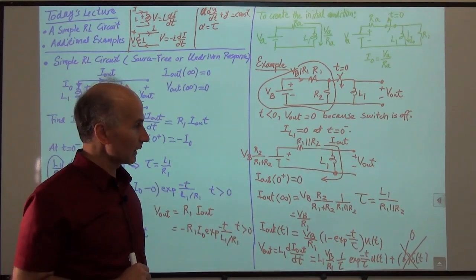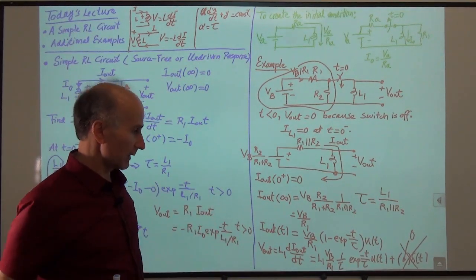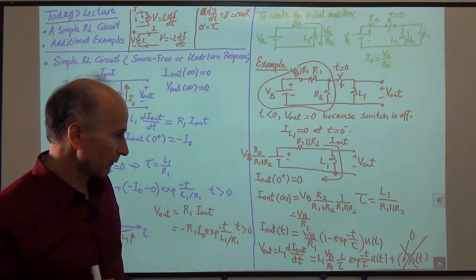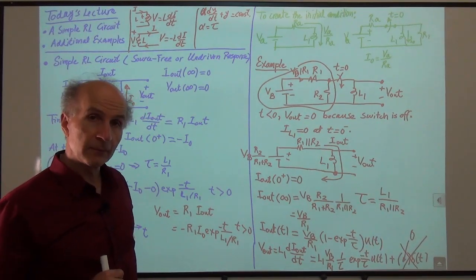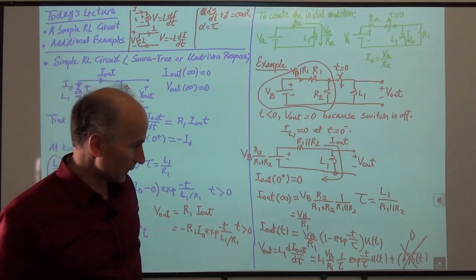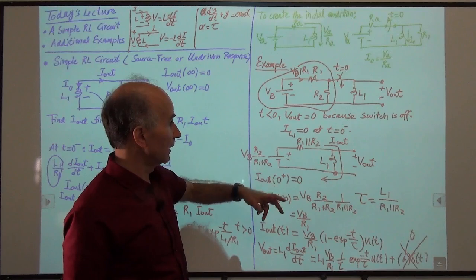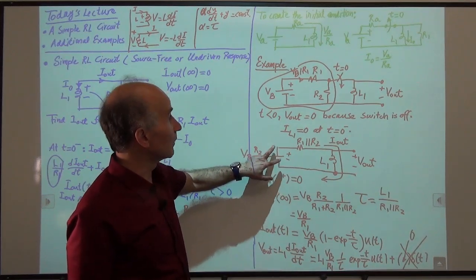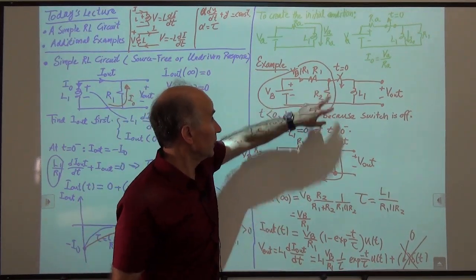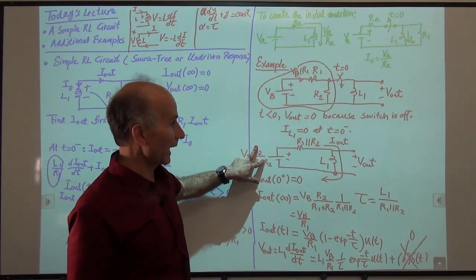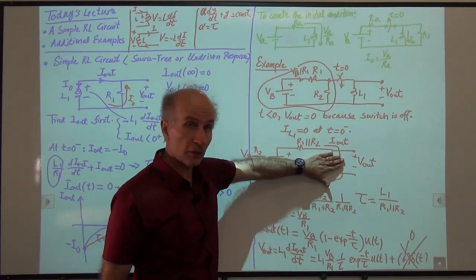All right, so that's the basic behavior of the circuit. What does the voltage look like as a function of time? It's just a decaying exponential. It starts out with an initial value, which would be this voltage here, and initially this inductor has no current, right?